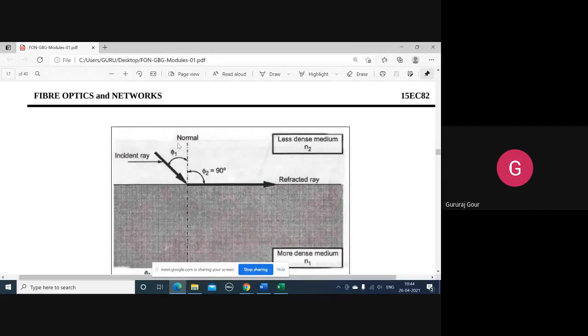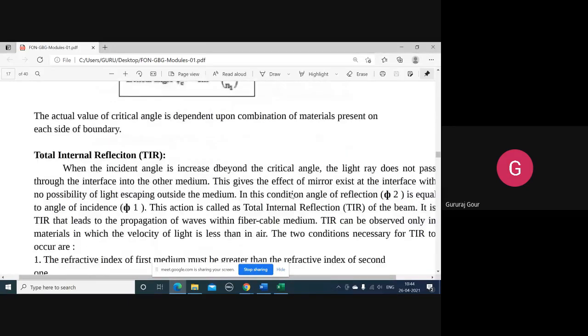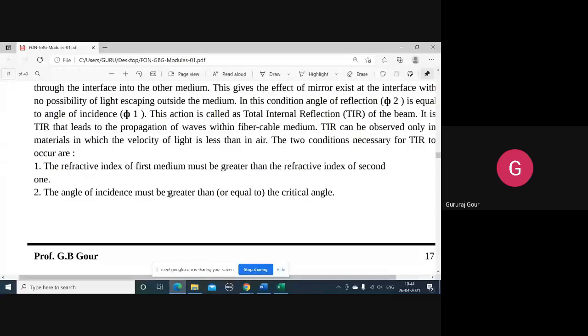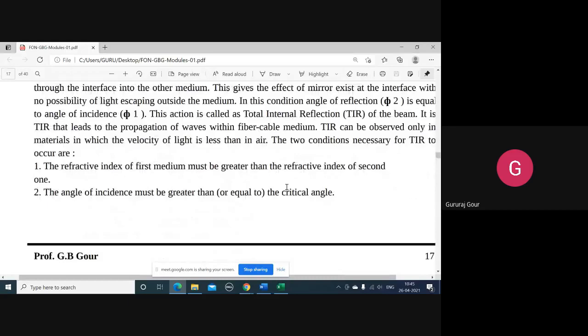When you further increase the angle of incidence, it goes beyond this phi 2, which means it will not undergo refraction, it will undergo total internal reflection, TIR. Another important thing, the angle of incidence must be greater than the critical angle. So these are the two conditions that must be satisfied for TIR, total internal reflection, to occur.